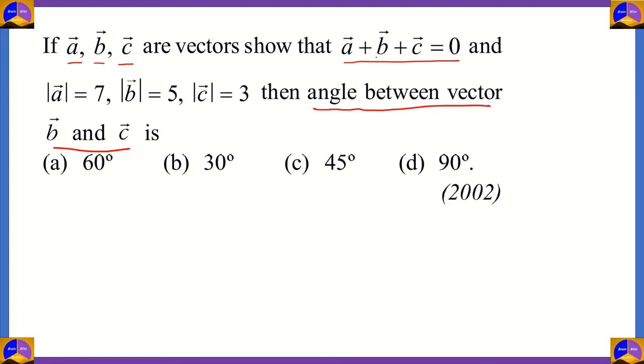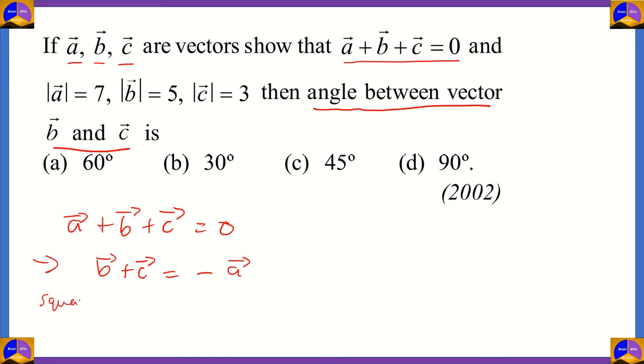So over here you can see that vector A plus vector B plus vector C equals 0. So that means we will write vector B plus vector C as negative of vector A. Now we're going to square this on both sides.